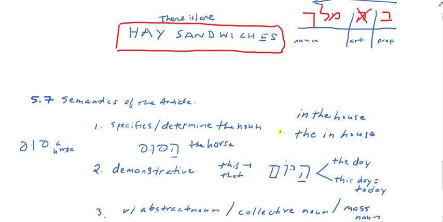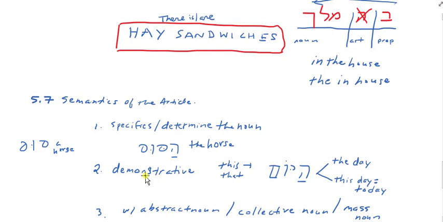The next thing that the article can do is it can be used to create a demonstrative idea. Now, English has some demonstrative pronouns, like the words this and that. Those are demonstrative pronouns or demonstrative words in English. And in Hebrew, if I add the word ha to yom, you've learned yom is day.